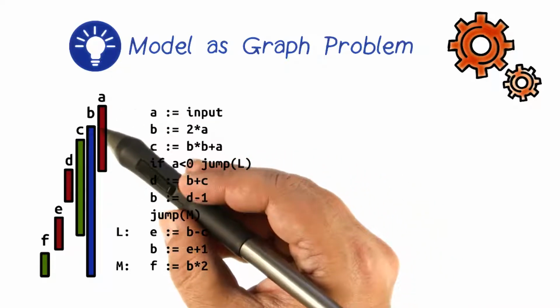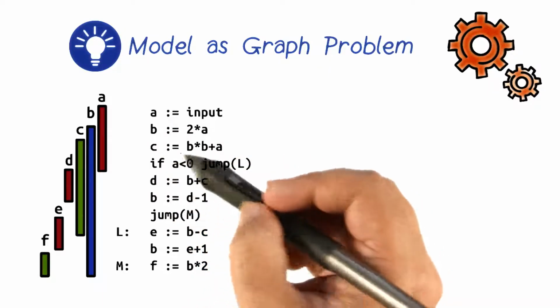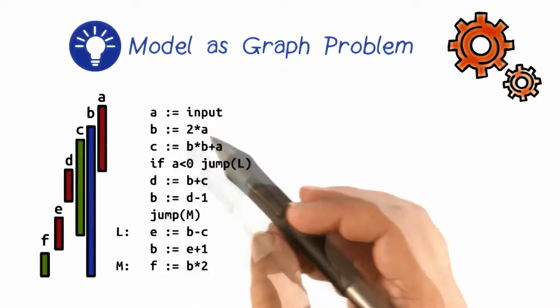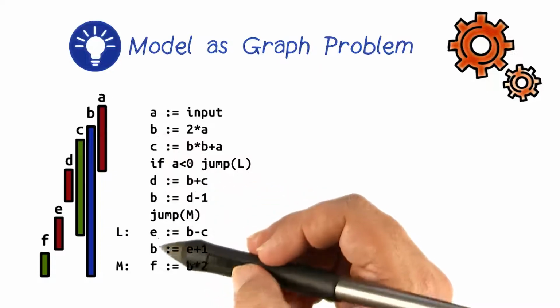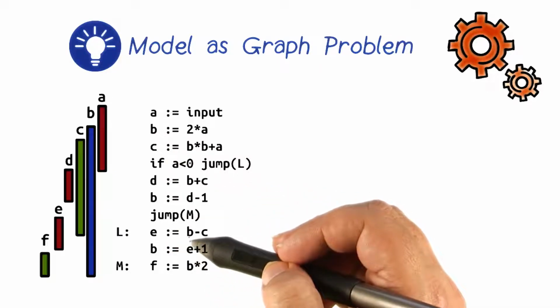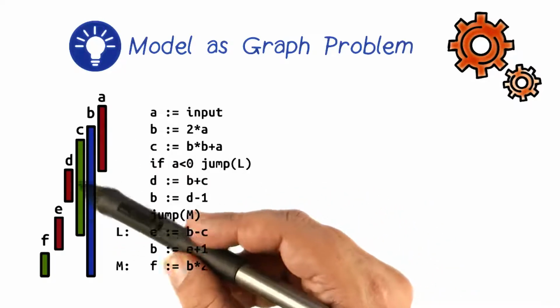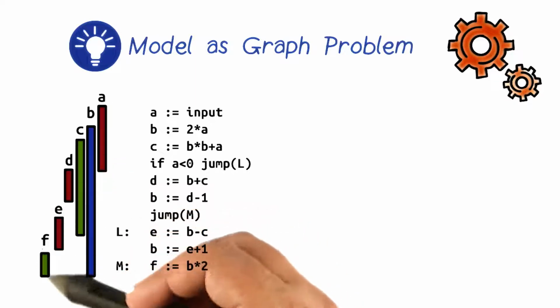These live ranges start with the first definition and end at the last use. So for example, A's last use was here, so that's why the live range has ended here. B started here in terms of its live range, but then B's last use was over here, so it ended there and so on. So note that these are different live ranges that are being shown through this particular diagram.